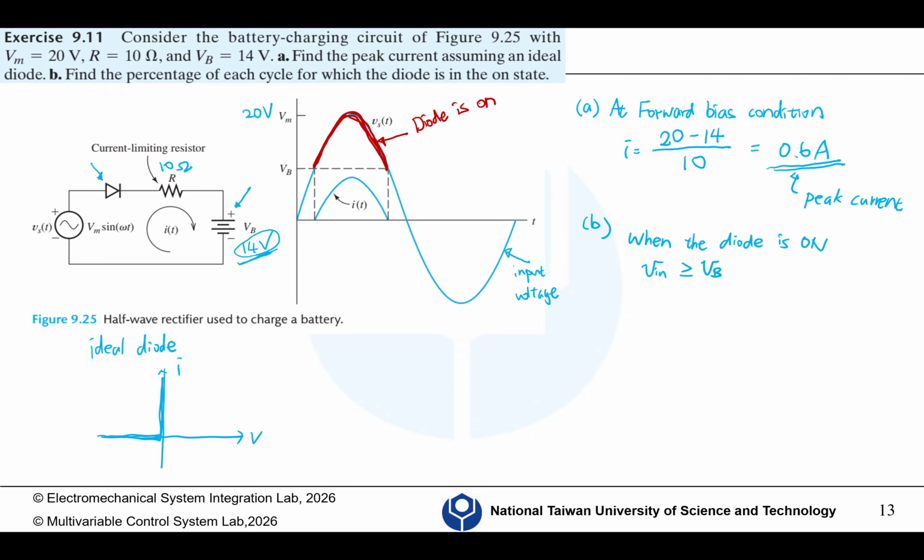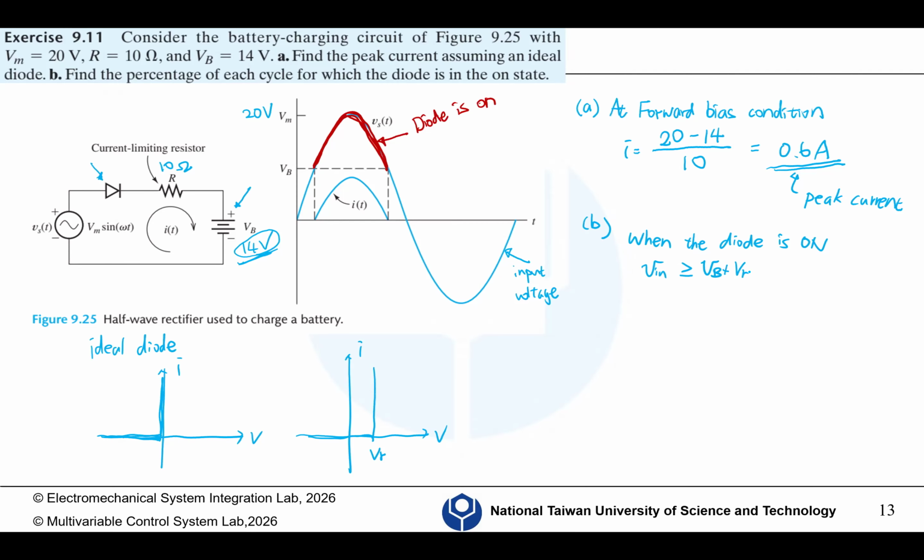If its curve has a knee voltage VR, then we would need VB plus VR.